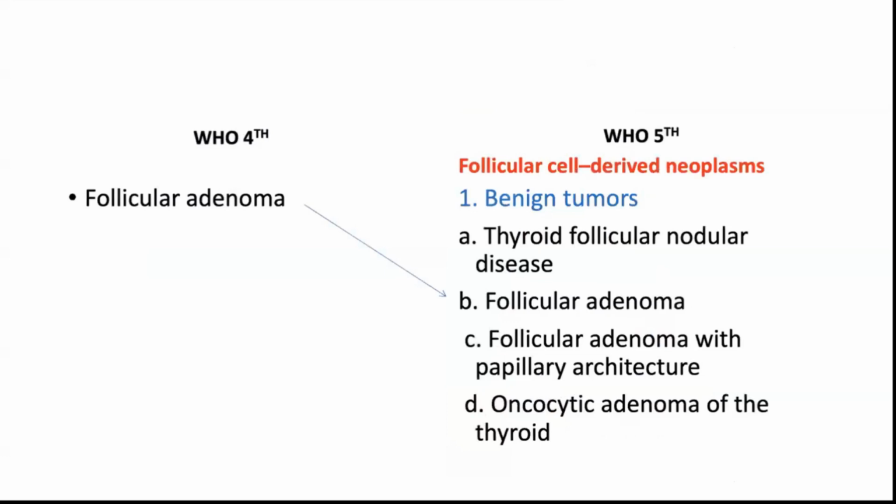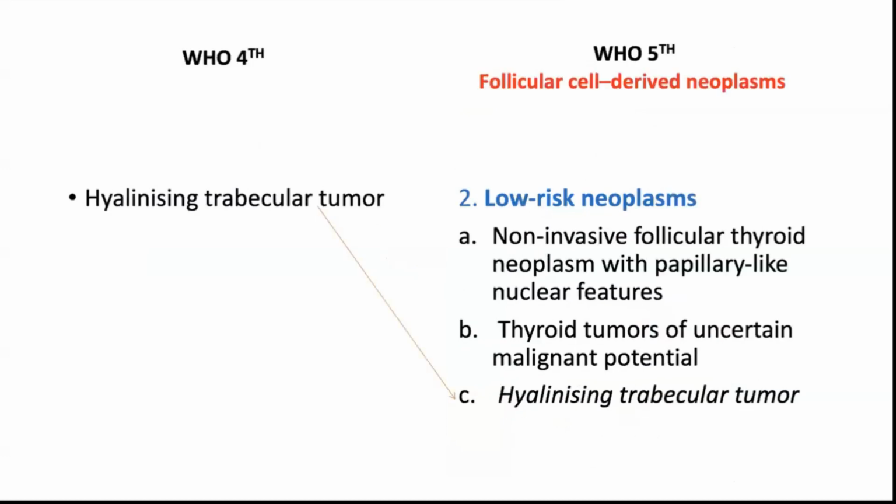So WHO fourth had follicular adenoma as a separate entity. However, in the fifth WHO classification, follicular adenoma became clustered into benign tumors. I won't be talking much about benign, so I'll quickly move on to hyalinizing trabecular tumors, which was a separate entity in the WHO fourth classification.